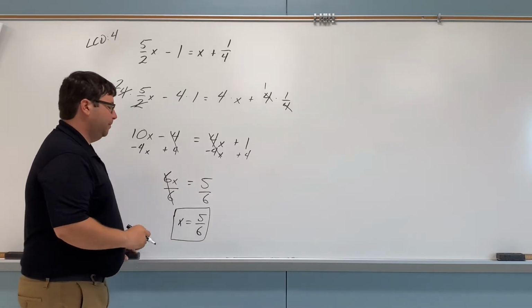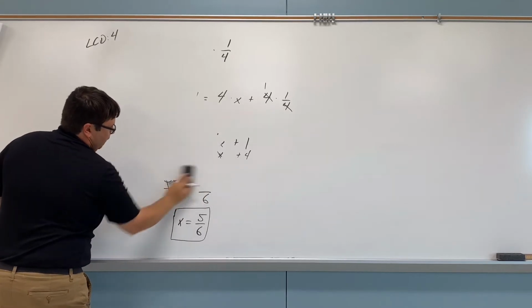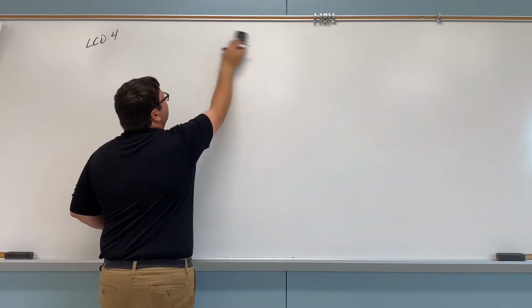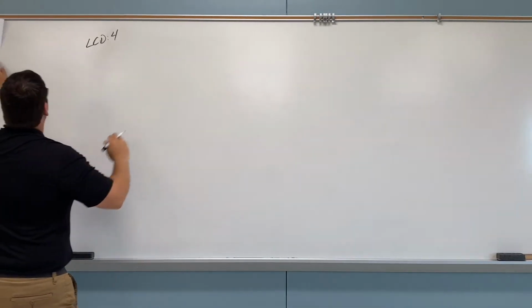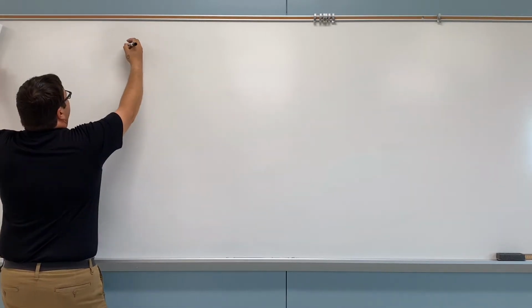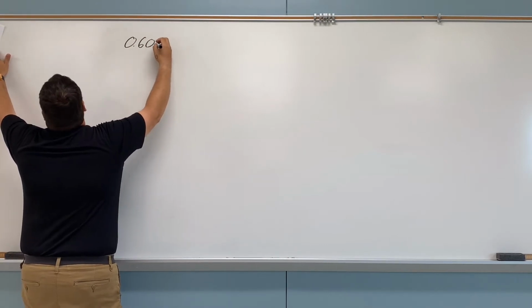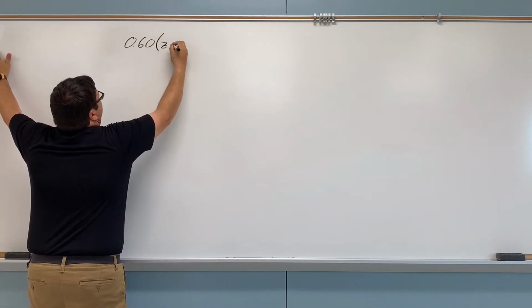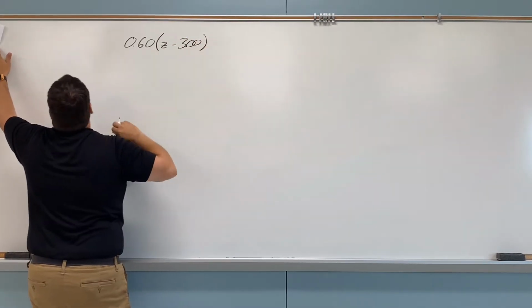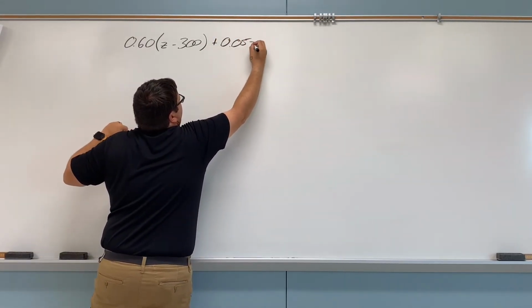Let's try another problem. I'm going to need to get board space. My next problem, oops, I forgot to erase that. There we are. My next problem involves decimals. I have 0.60 times a quantity of z minus 300 plus 0.05z minus 205.